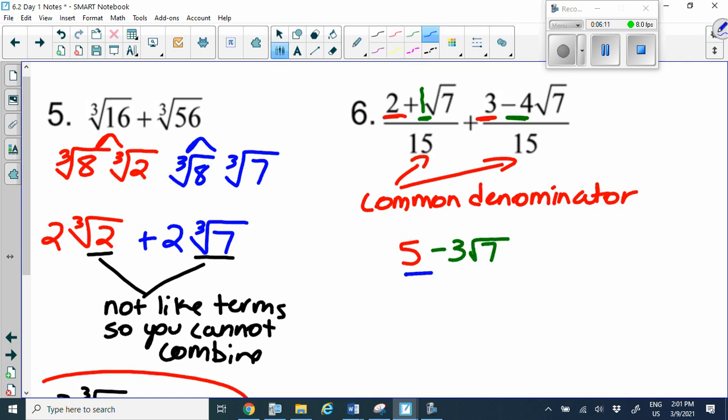And then in the bottom, I keep the 15. Okay? Now, from here, we do need to figure out if we can simplify any more. Right? Well, basically, we want to see if there's a number that goes into 5, 3, and 15 all together. Really, there isn't other than 1. So this would just be your final answer here. Okay?